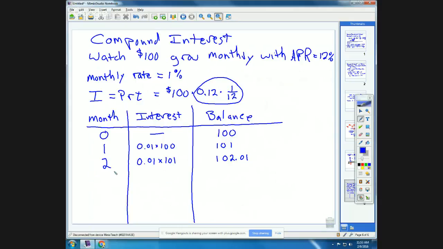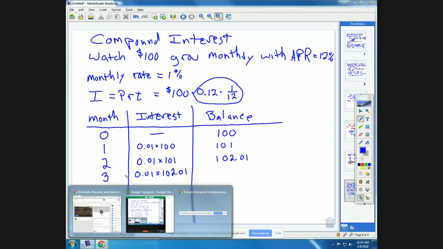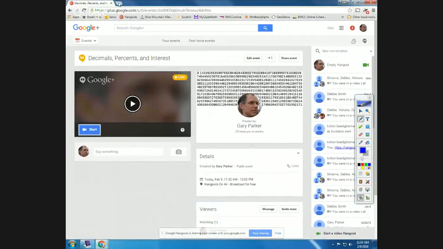And we're going to need a calculator soon. So let's see, we have Google to use as a calculator. Third month goes by, and I'm going to take 1% of my previous balance, which is 102.01. And now we need a calculator. And we're going to remember to add that back onto the balance. So Google calculator.